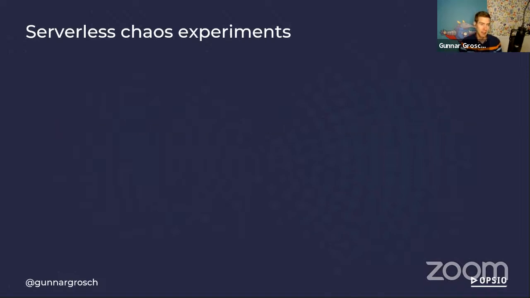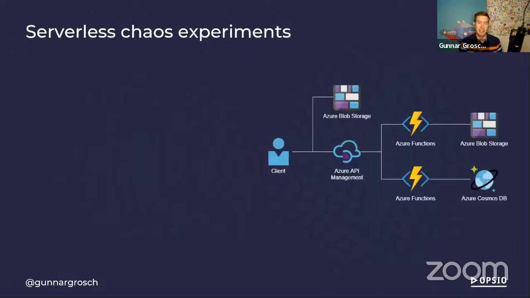So let's then look at some more practical experiments. This is our simple architecture. It is a web service using an API in front of two Azure functions. One retrieves or stores data in Azure Blob Storage, one retrieves or stores data in Cosmos DB. We also have some blob storage for the client to retrieve from as well.